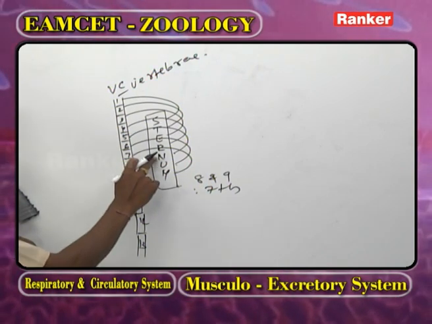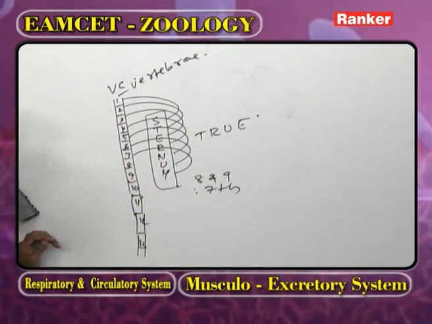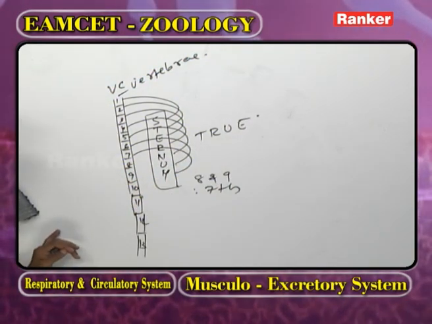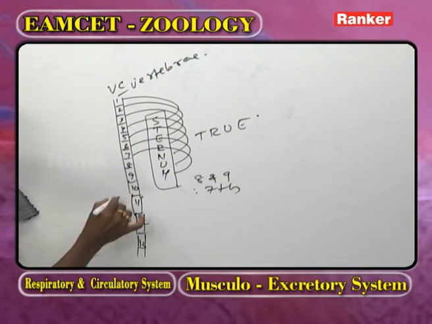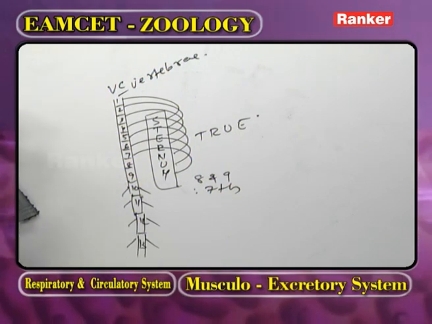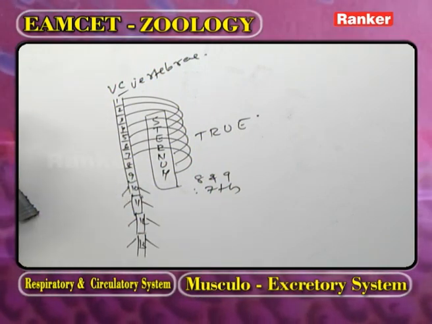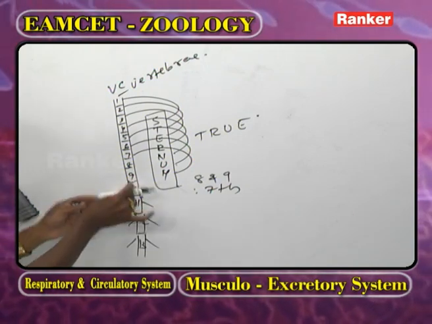The ribs that are attached to the sternum are called true and the remaining are called false. Now the 10th, 11th, 12th, 13th are not attached to the sternum.